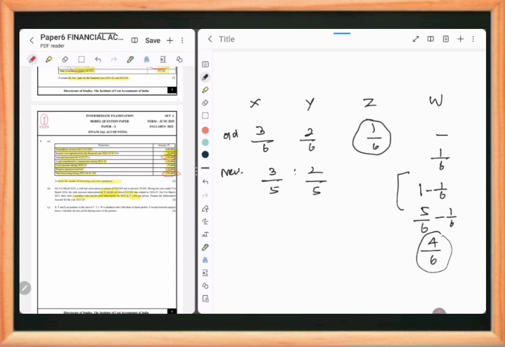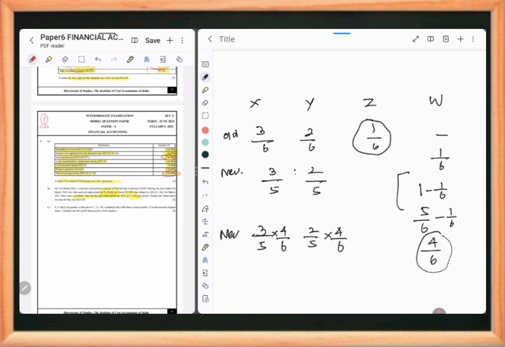So the 4/6 will be taken between X and Y in the ratio 3/5 and 2/5. So the new share for X will be 3/5 into 4/6. For Y, 2/5 into 4/6. For Z, the same 1/6. For W, the same 1/6.